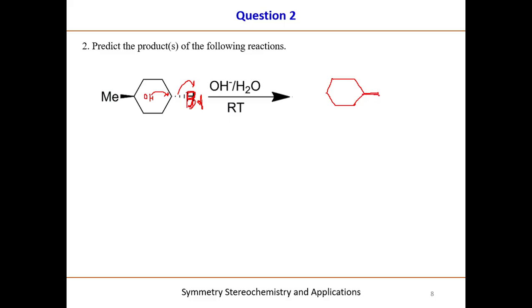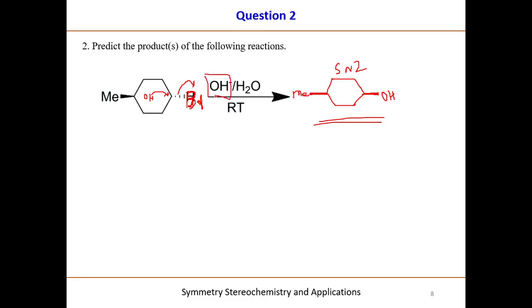But the inversion of stereochemistry will be observed here, as I told you, because the bond making and bond breaking are happening simultaneously. That's why the inversion is observed, because from one side the nucleophile attacks and from the other side the leaving group leaves. So this will be the product for the SN2 mechanism with a strong nucleophile. This is the stereospecific product for the first condition.